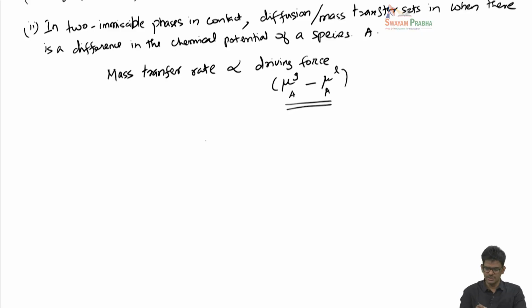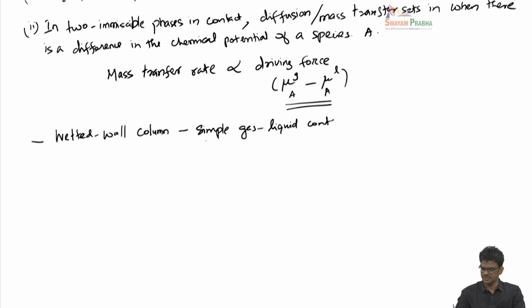Okay, so to go further, we would like to think about a simple gas liquid contact system to illustrate some of the concepts of interface mass transfer. So we're going to discuss something called a wetted wall column. This is the simplest gas liquid contacting system.